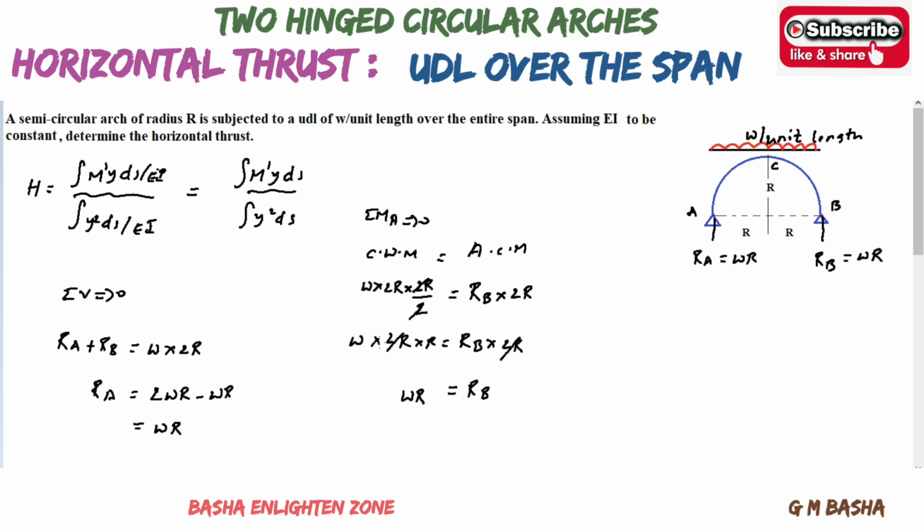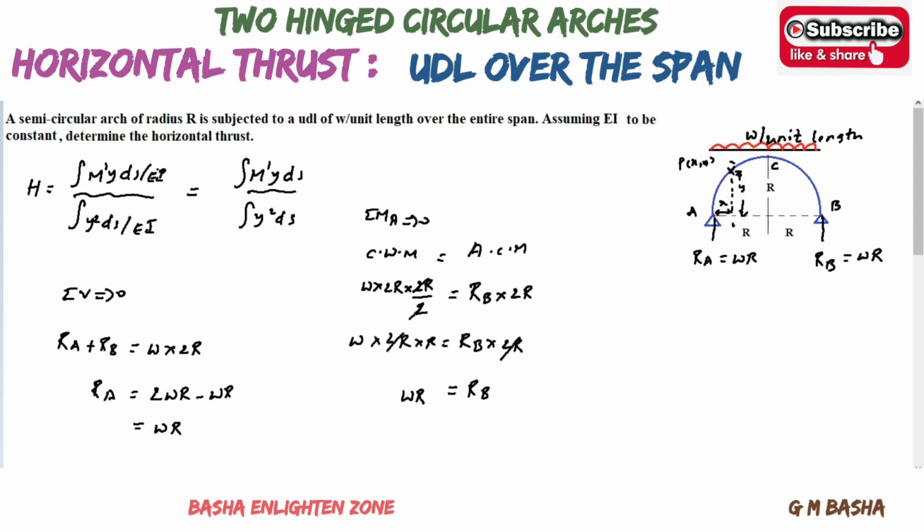After finding the vertical reactions, our next step is to consider any point P, x comma y. Here we are considering section XX at a distance of x from A, and this distance will be y.